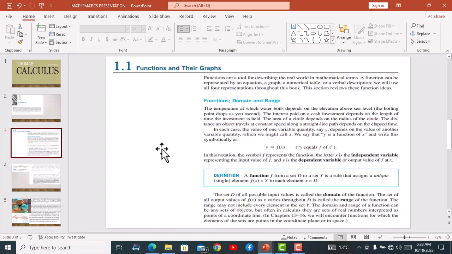You are independent if you are the one pulling the strings. Because of you, the value of y will be assigned a certain value. So you are the controller of this relationship. When you say this should happen, then that will happen to the values of y. You are the one making the rules, telling y that if I am 2, you are going to be 5. And what connects this relationship in between?